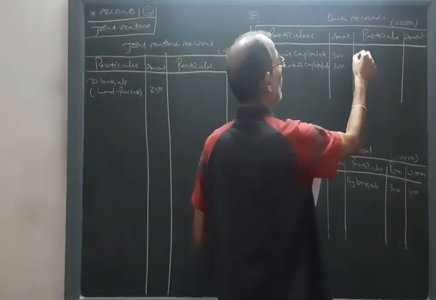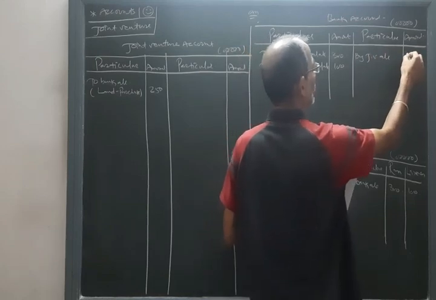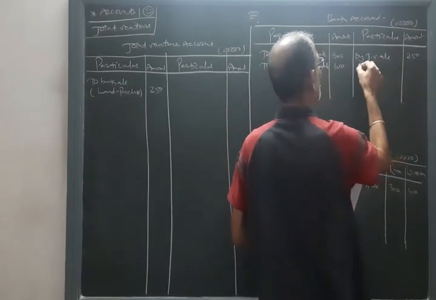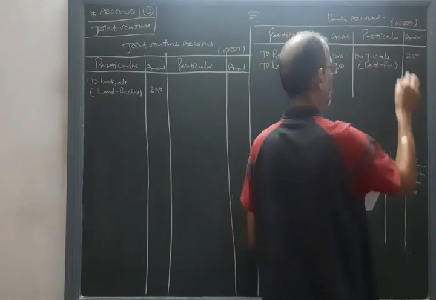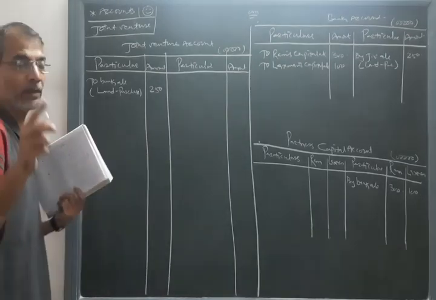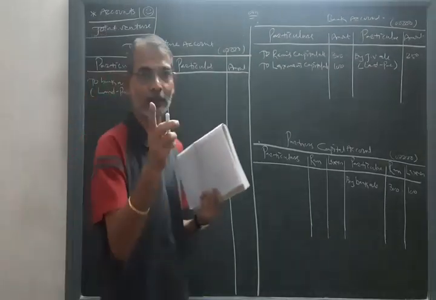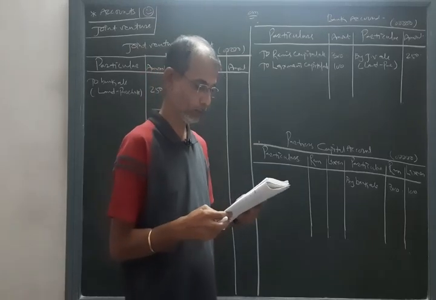On the credit side of the bank account, by joint venture account, 250 land purchase. On the debit side of the joint venture account, first entry, while the second entry will be on the credit side of the bank account.